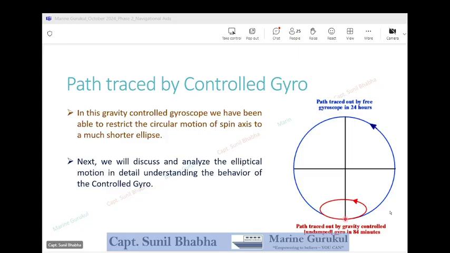Why is it so small? Why does the spin axis move back from here? What is the reason? For this, we will need to understand the balance between the three factors which are affecting our gyro now. These are tilting, drifting, and the control precession generated because of the top heavy and bottom heavy arrangement.